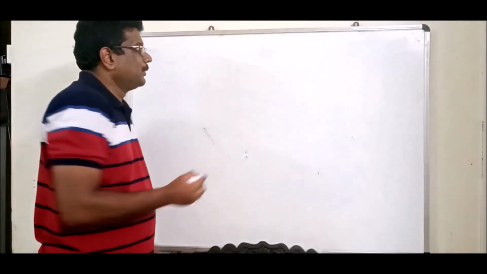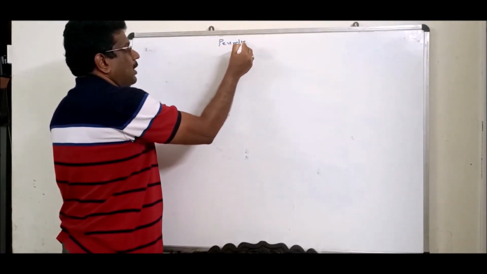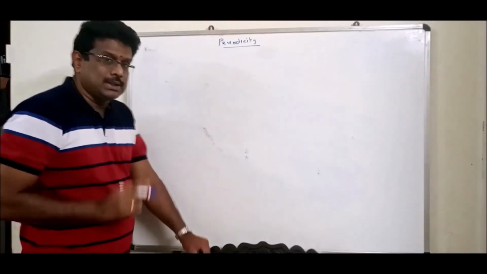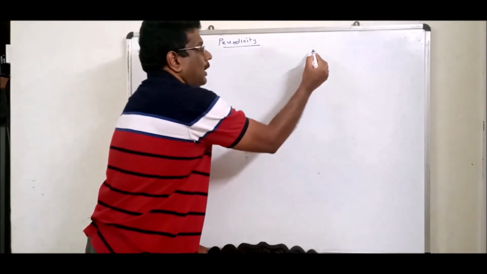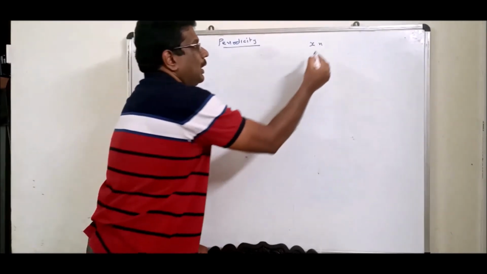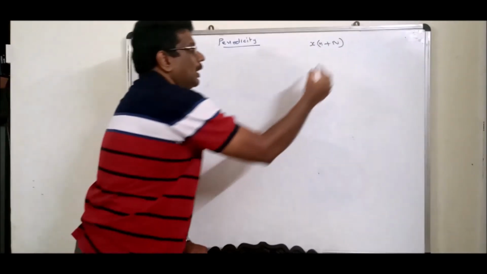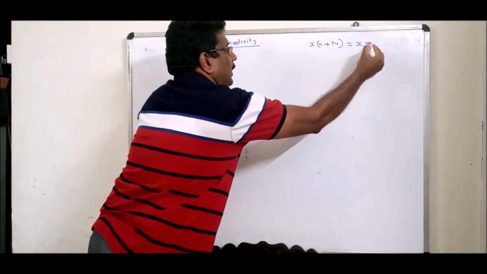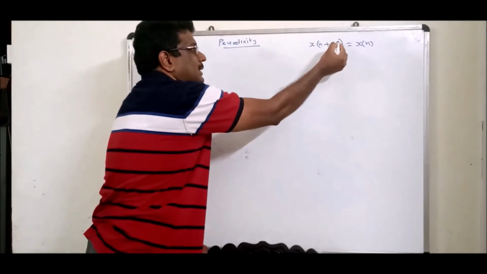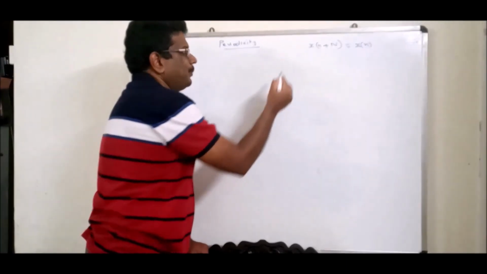Let us see the next property, periodicity. What is the periodicity property? It says if there is a time domain x of n, it repeats for the duration N. It is same as x of n, which means in time domain, adding capital N, N being the length, or even you can say time period, results in the same.